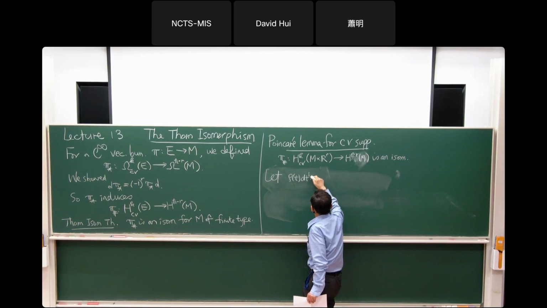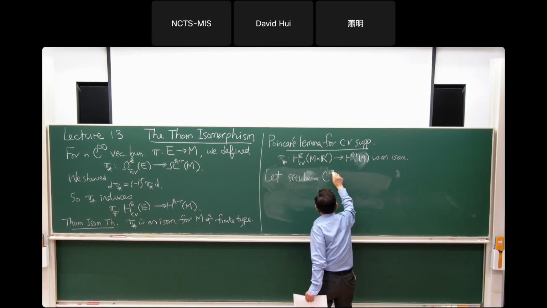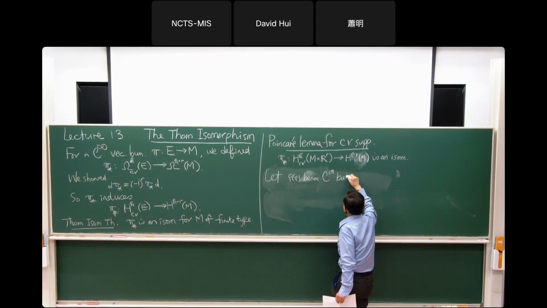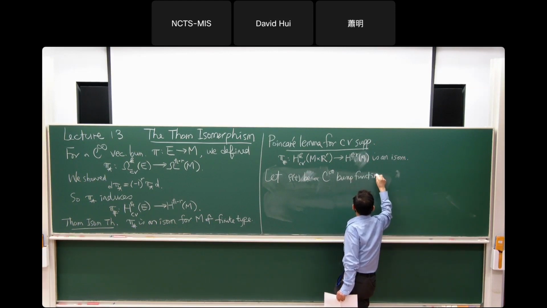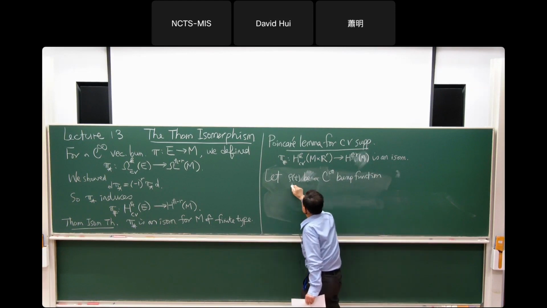So let rho of t be a C infinity bump function. When I write rho of t, I mean rho of t1 to tr.